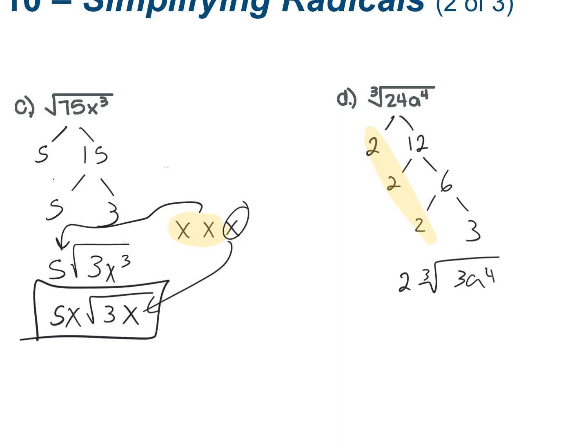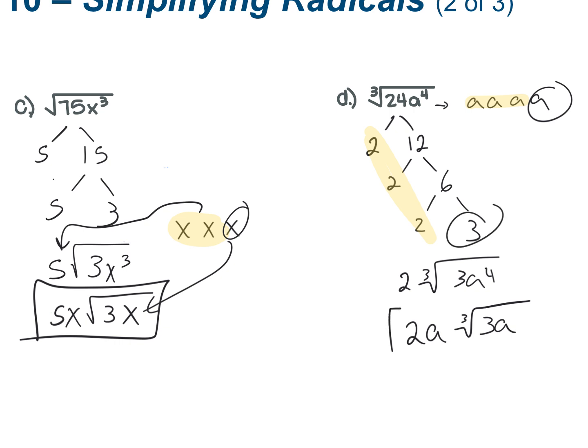I can simplify that a to the 4th. If I were to expand it, I have 4 a's, but I only need 3. So I can take these 3 into 1 and take it outside of the root. It's going to become 2a, and then the cube root of 3a. Again, this is the remaining a that goes inside the root, and the remainder 3 that goes inside of the root.